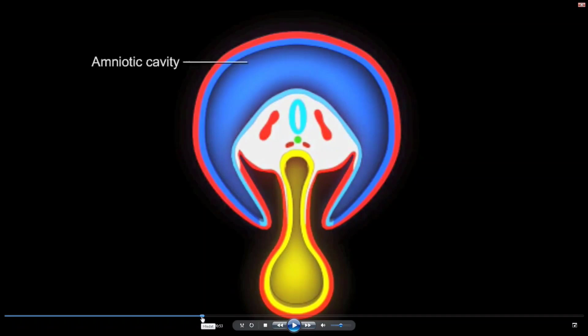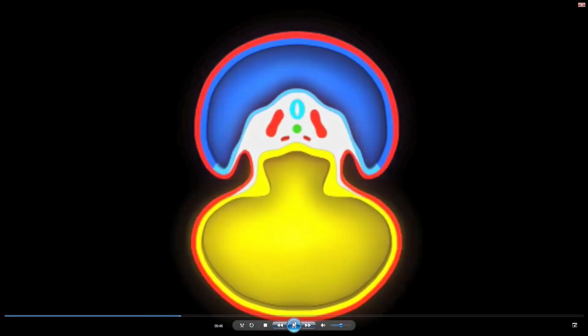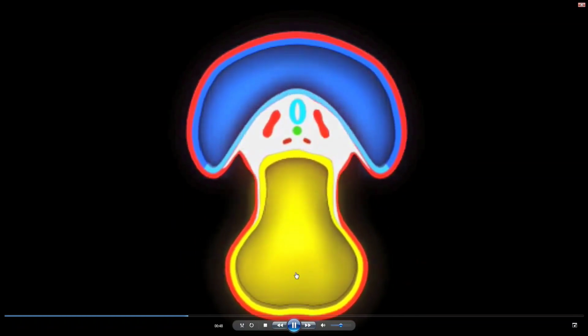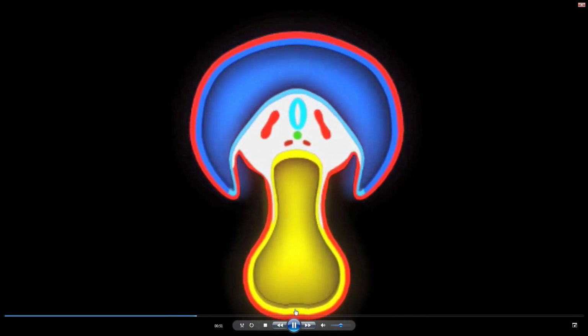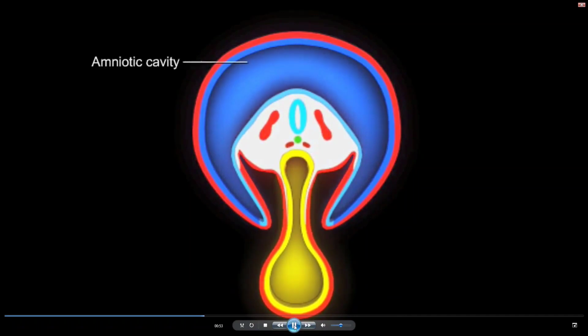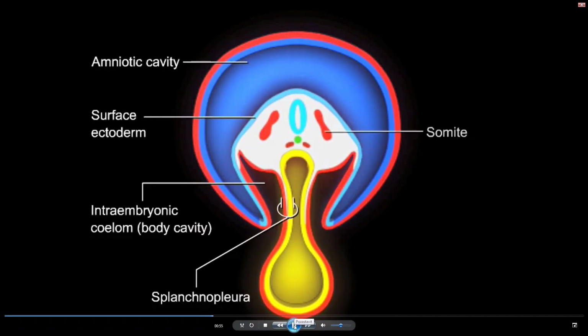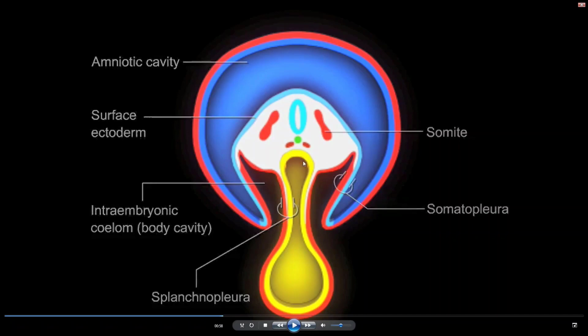The yolk sac before was bigger and it is compressed because of the folding of the embryo, and only a small thin duct connects the yolk sac and the developing gastrointestinal tract.